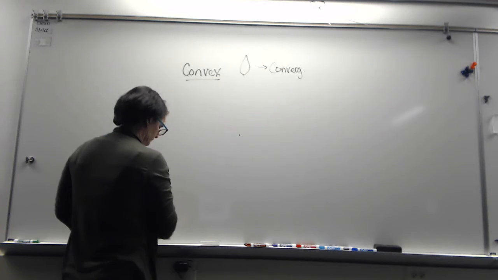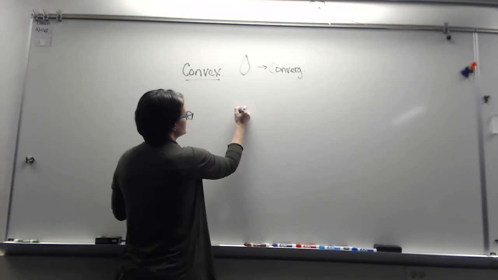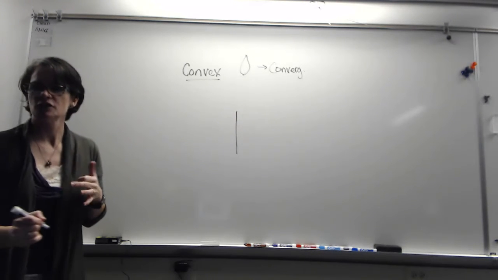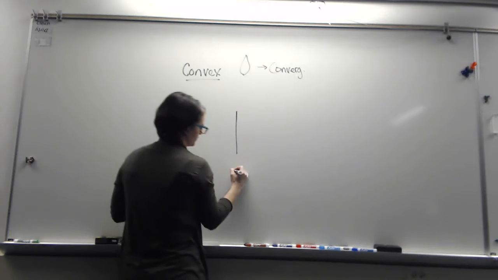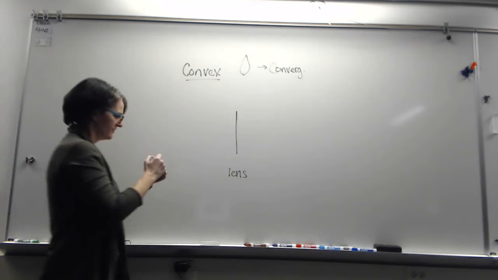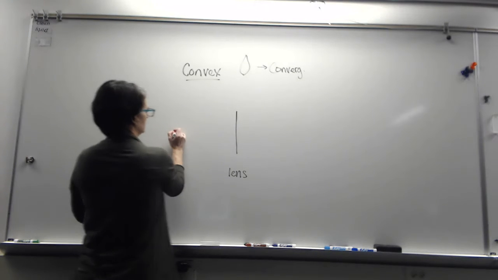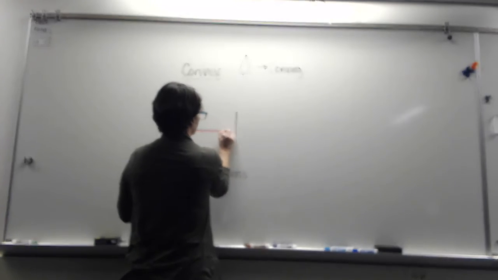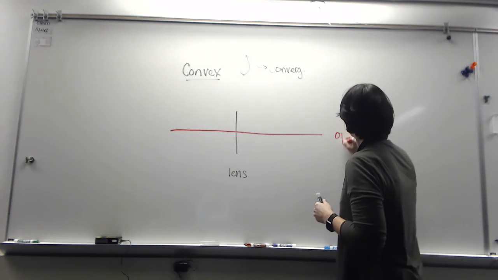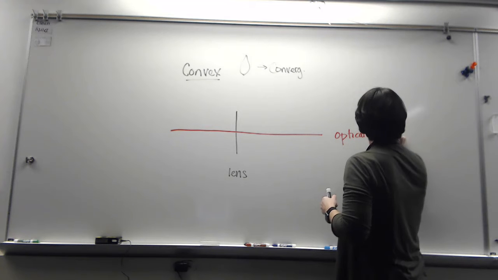Okay. So let's get rid of that. So here is our lens representation, and we're just going to use a single line to represent our lens. This is, in our case, a convex lens. If we bisect that lens perfectly perpendicular, this is what we refer to as the optical axis.